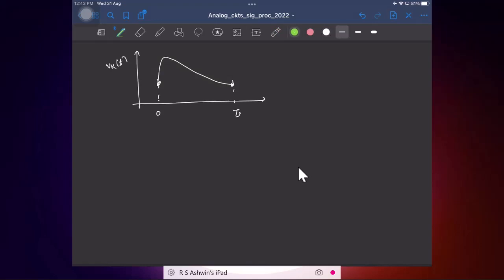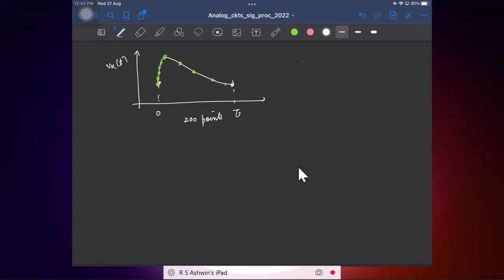You compute only at discrete time instances, right? So what the simulator will do is it will take only a finite number of time points, and these time points need not be uniformly spaced, because if the signal is very fast, it might take more and more points to capture the change, and if the signal is very slow, it may take a lesser number of points. Let's say there are 200 points here.